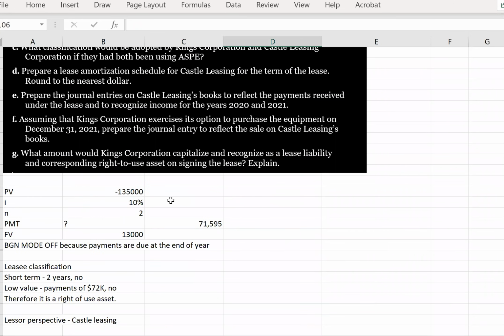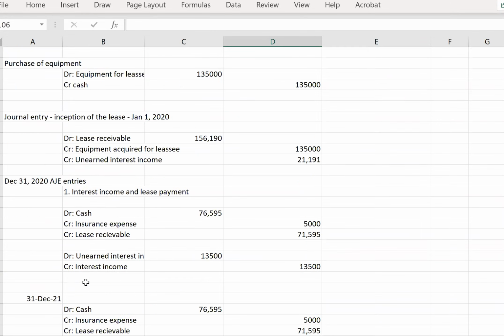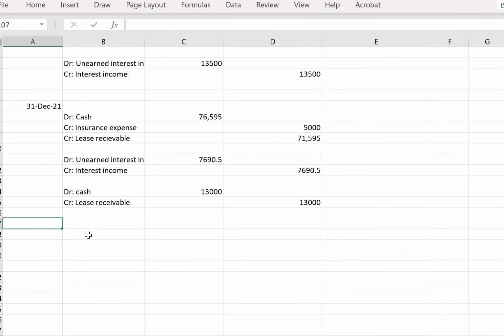Well, let's take a look at the question. What would King's Corporation capitalize and recognize as a lease liability and corresponding right of use asset on the signing of the lease? Okay, so up here we said that they would record a right of use asset, and the question's asking us what the right of use asset would be. So for the lessee right of use asset, we need to calculate the present value of the lease payments.